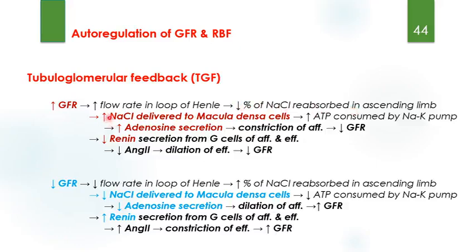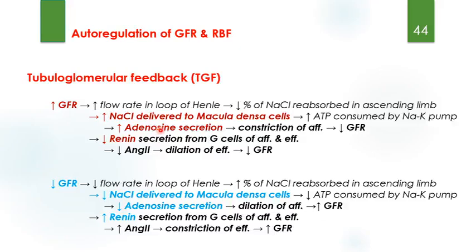So more sodium chloride will reach the level of macula densa cells, and a higher sodium chloride at that part will consume more ATP by the sodium-potassium pump at the basolateral membrane, and more adenosine molecule will be produced and will be secreted from these cells.